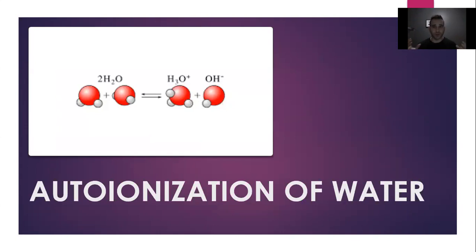In pure water, during this autoionization process, you'll always have the same amount of hydronium, or H plus, as hydroxide. If you have the same amount of hydroxide and hydronium, and they equal, you get neutral water, zero charge.